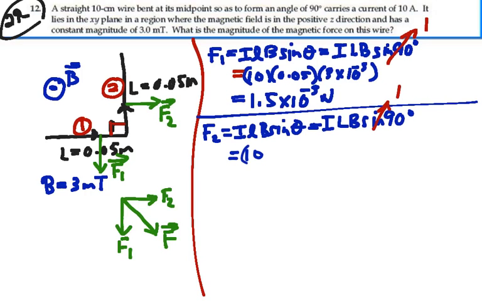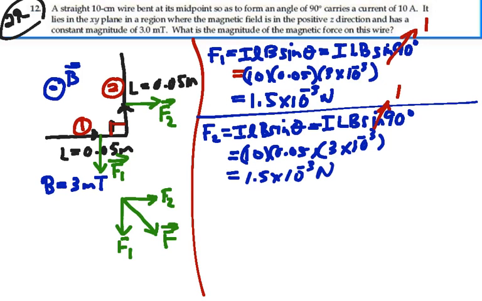We got 10 times 0.05 times 3 millitesla, and this is equal to 1.5 times 10 to the minus 3 newtons. So the magnitudes of these two forces are equal, but F1 is going down and F2 is going to the right, and there's a 90-degree angle between the two.